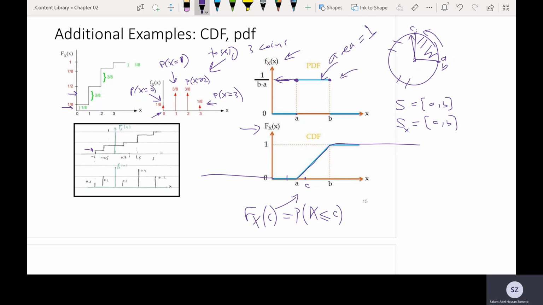Now, if I differentiate this, I get the PDF. Differentiating a linear function gives you a constant.